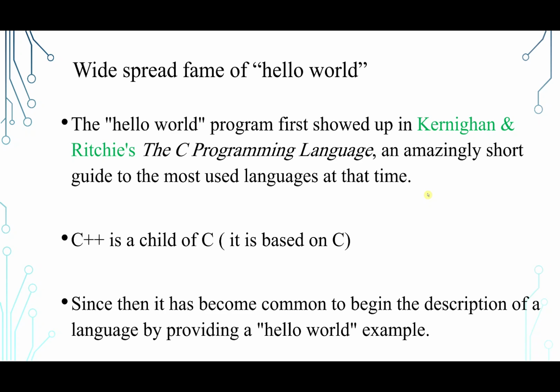C++, which is something you're going to learn during this quarter, the programming language of this course, is a child of C. And C is the base or the parent of C++. C came first. It was a little bit complicated. Then they made things easier to program in C++. Since then, it has become common to begin the description of a language by providing a Hello World example.